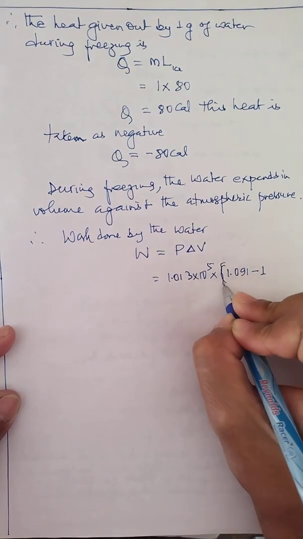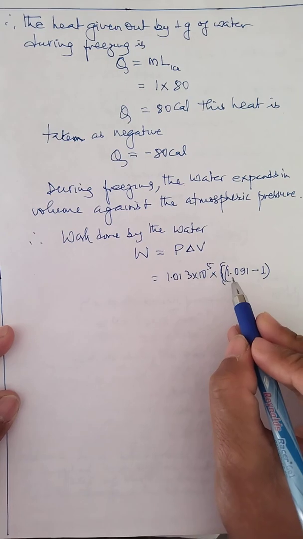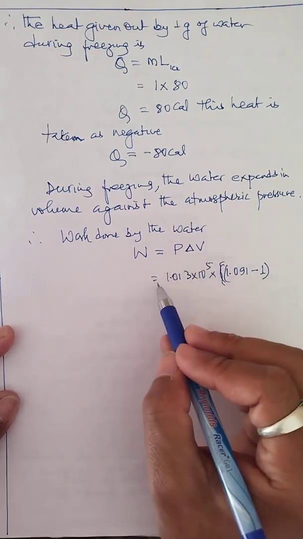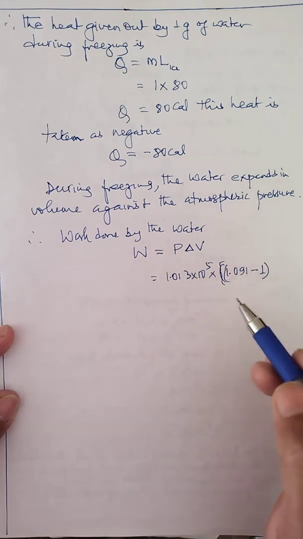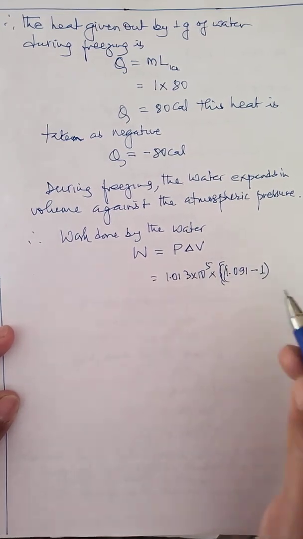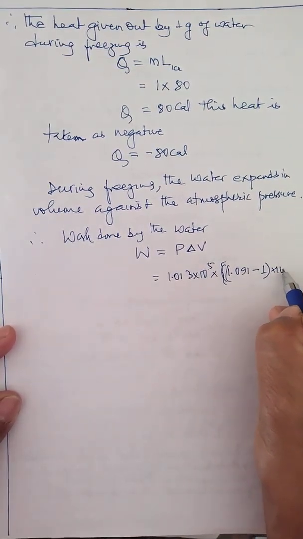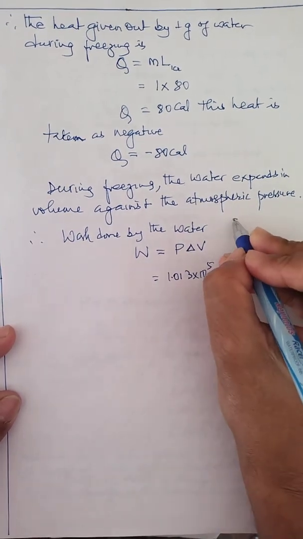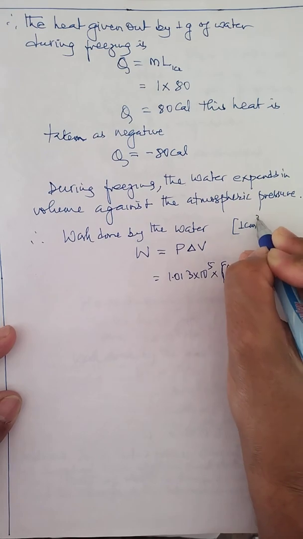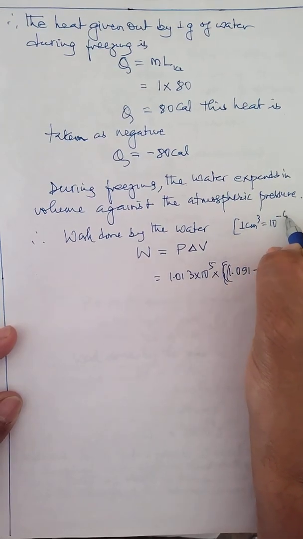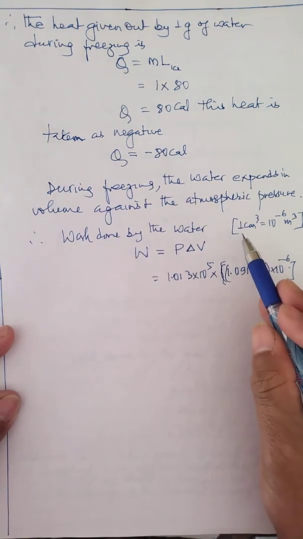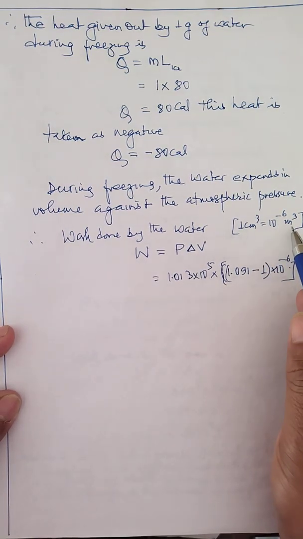But children, this unit is in centimeter cube, and we need to calculate the work done in Joule. So 1 centimeter cube equals 10 to the power minus 6 meter cube. So I have converted centimeter cube into meter cube by multiplying with 10 to the minus 6.